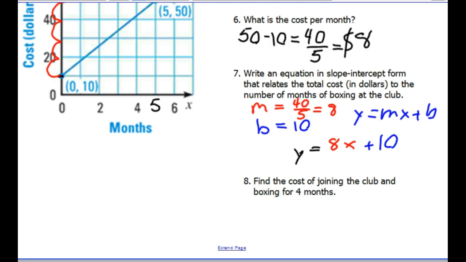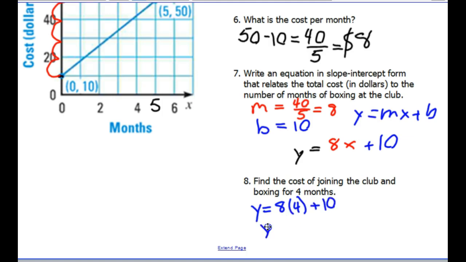Now we are going to use this equation to find the cost of joining the club for boxing for 4 months. So what we're going to do then is put 4 in for x, and we can find out our cost. So y equals 8 times 4 plus 10.